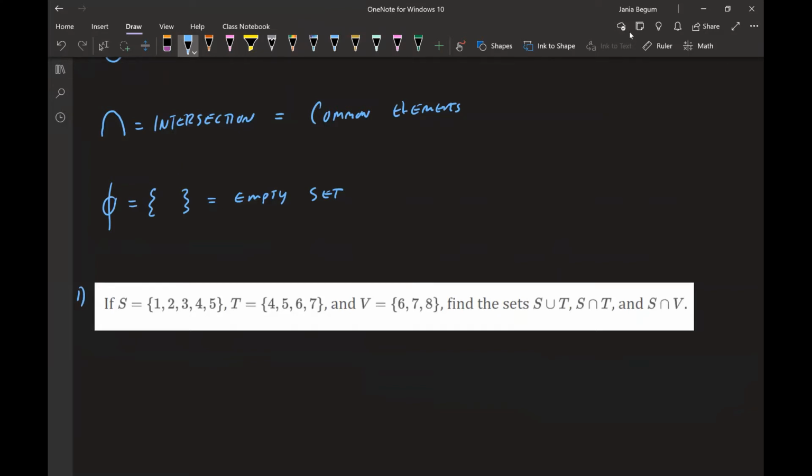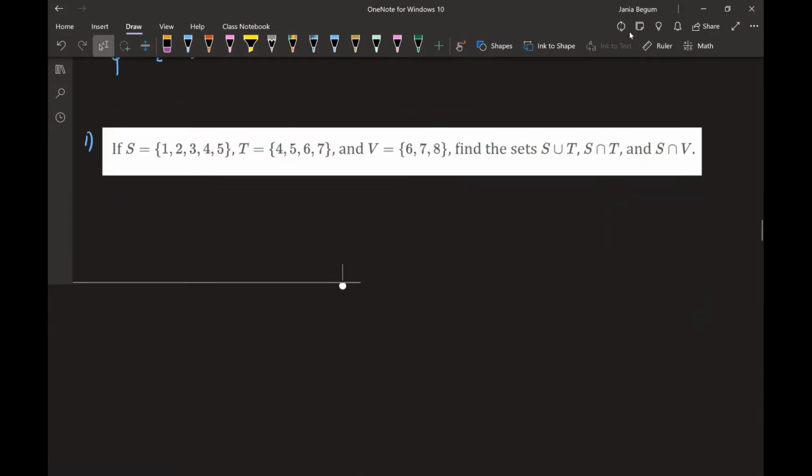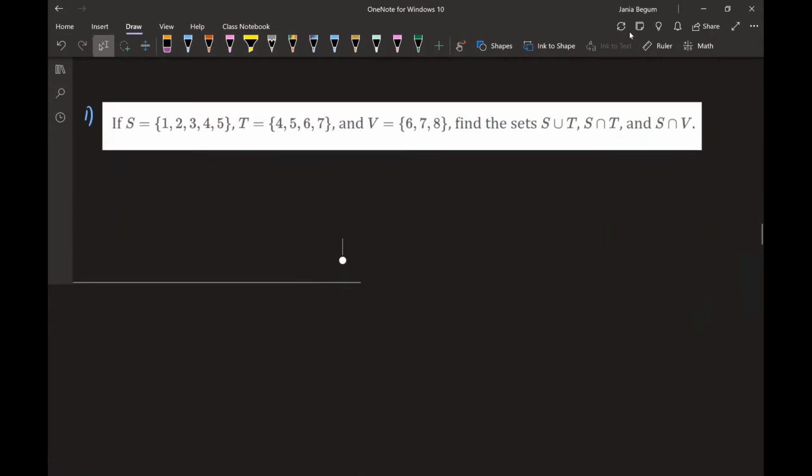T is the set containing 4, 5, 6, 7. V is the set containing 6, 7, 8. And you have to find what is S union T, what is S intersect T, and S intersect V. So go ahead and find those new sets. I'll give you 1 minute to do that, and then we'll go over it together.